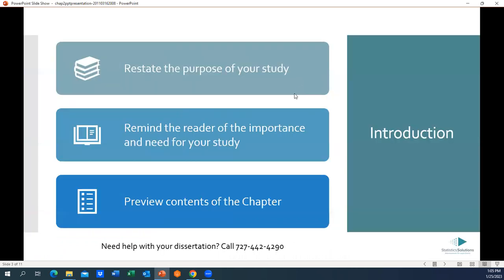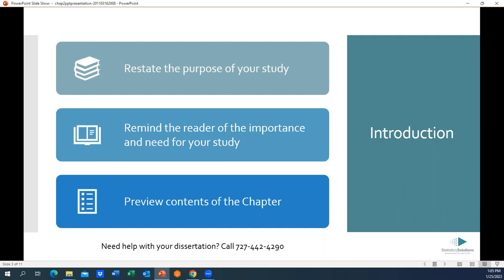All right. So for the introduction, just like other chapters, the introduction is here to reorient your reader, right? To do that, usually start off by restating the purpose of your study. And you can restate that verbatim, because usually your purpose statement doesn't change. It's like your RQs, once it's set, it's set.